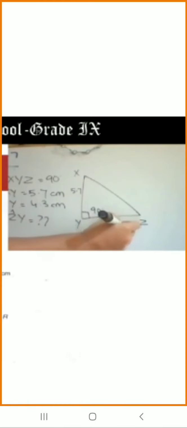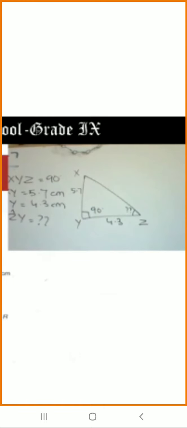So when you need to calculate angle XZY, it means you need to calculate angle Z. So again, if you make this, you know that this is the right angle and you have X, Y, Z. This is 90 degrees. XY is equal to 5.7 and ZY is equal to 4.3 centimeters.